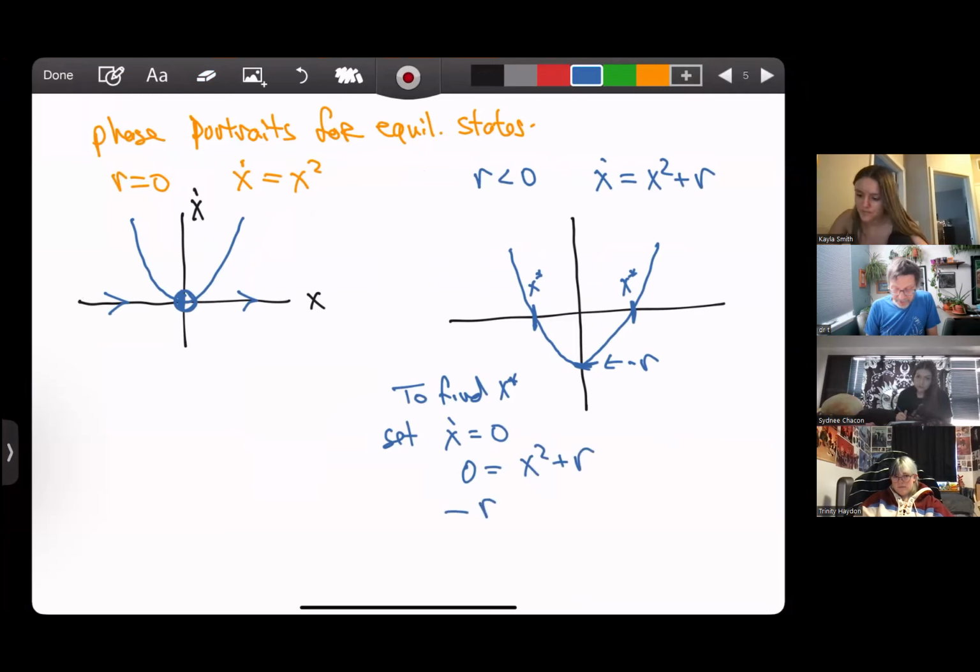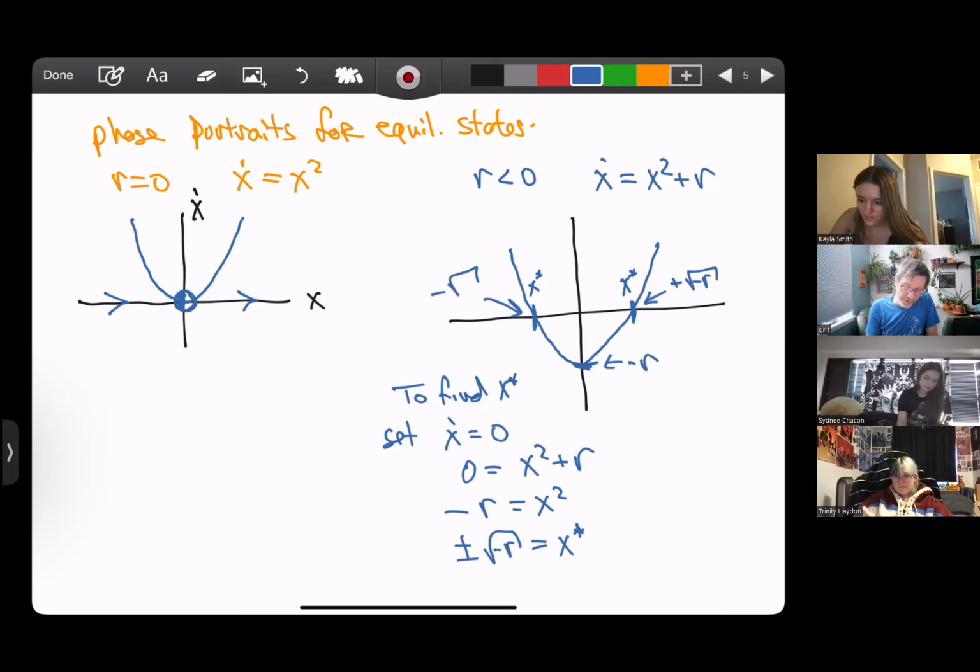And we subtract that r off, and we're cool because r is negative, so that left side is a positive number and I'm not going to get an imaginary solution. So x is plus or minus the square root of negative r. This is the positive square root of negative r, and this is the negative square root of negative r. And those are our equilibria.